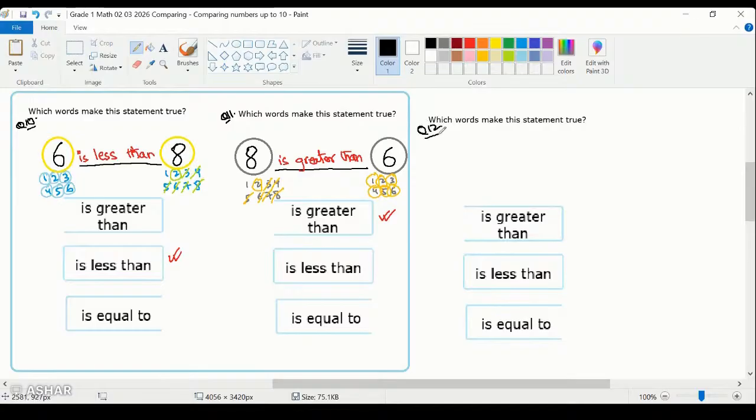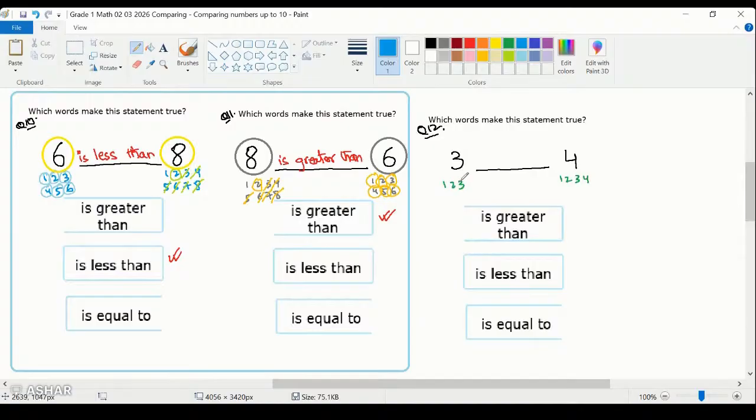It says, when we compare 3 with a 4, is grade 3 a higher grade or grade 4 a higher grade? 3 would mean we have 1, 2, and 3. 4 would mean 1, 2, 3, and 4.